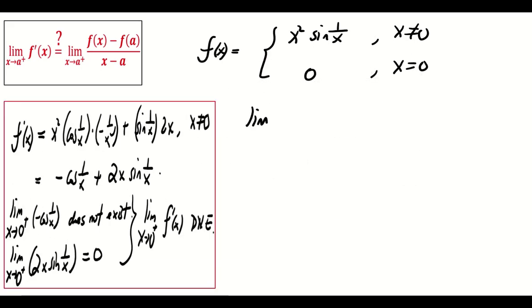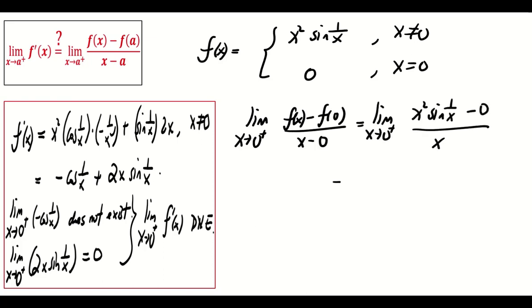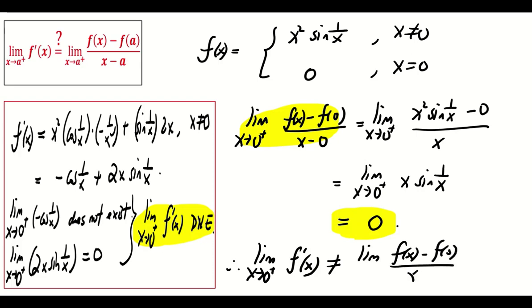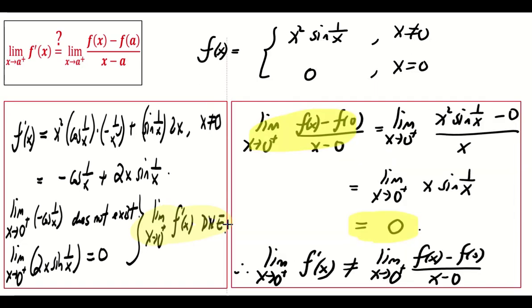On the other hand, the right-hand derivative, which is the limit of x sine 1 over x as x tends to 0 plus, is 0. Hence, in this example, the values of these two expressions are not the same.